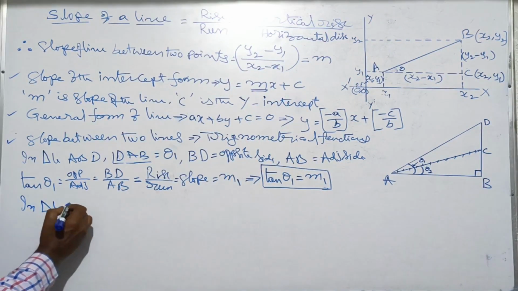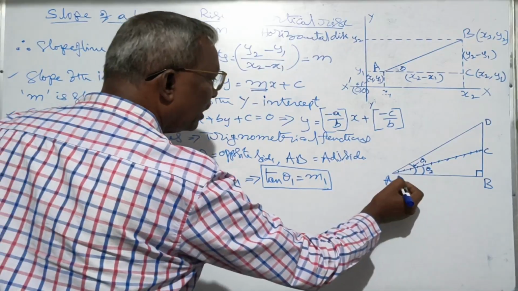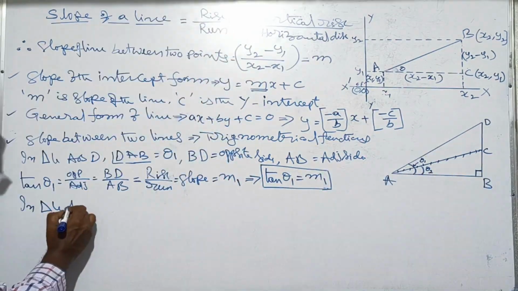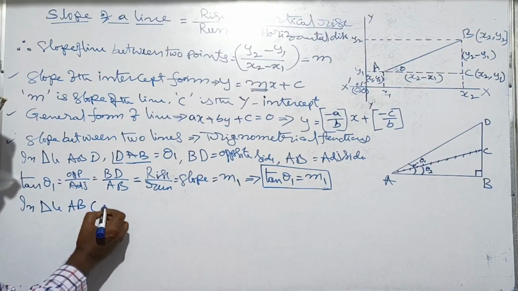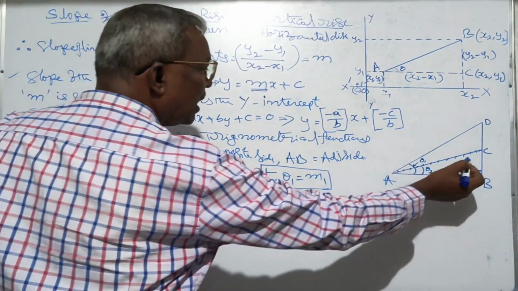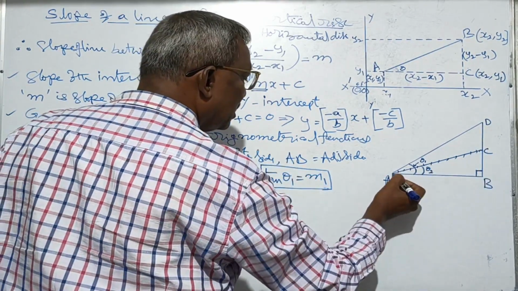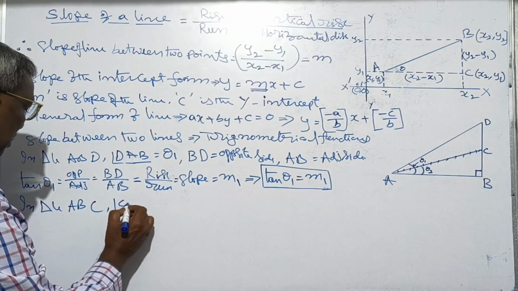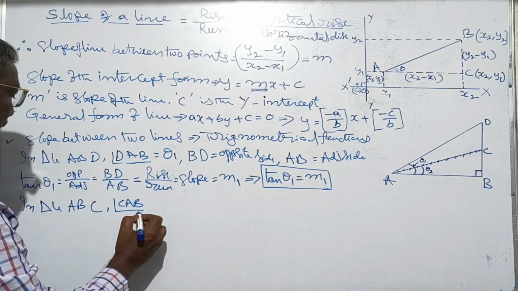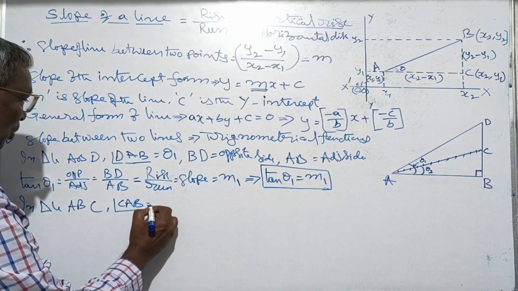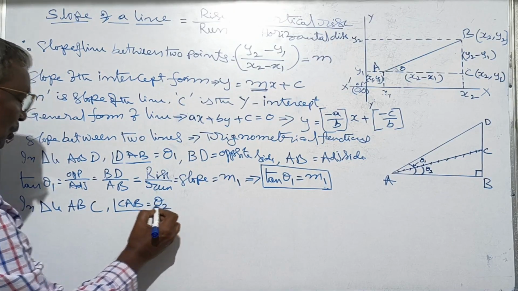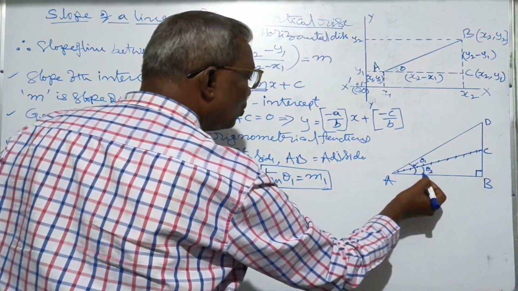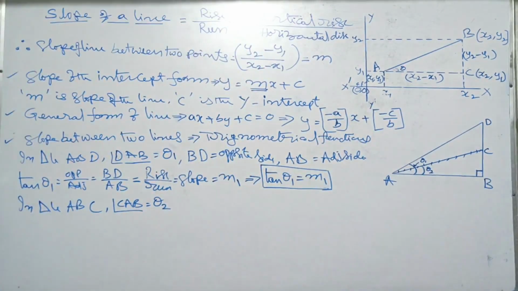In right angled triangle ABC, angle CAB is equal to theta 2.